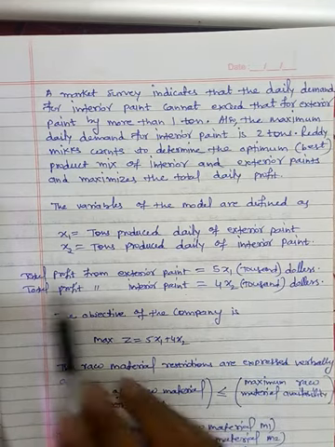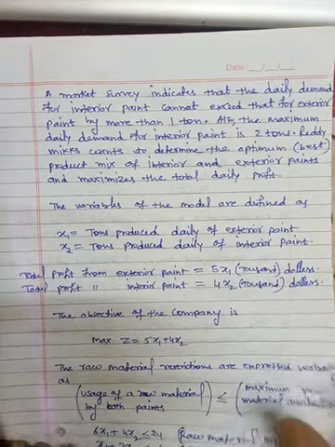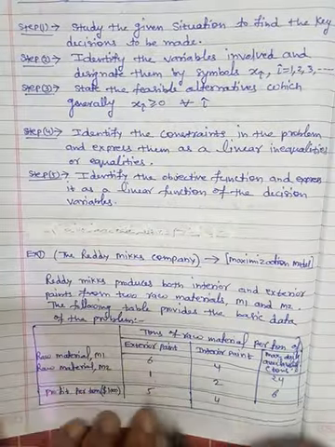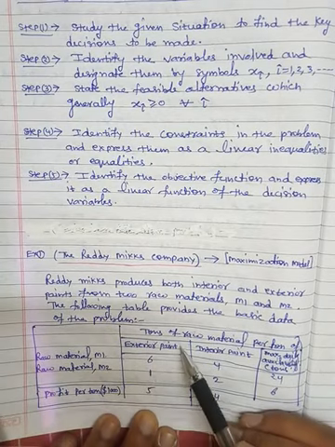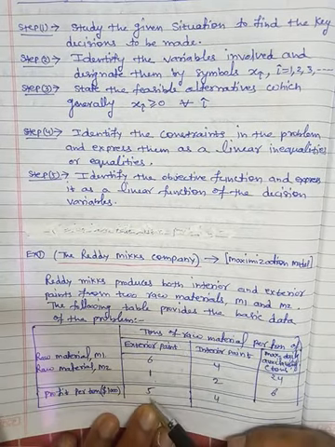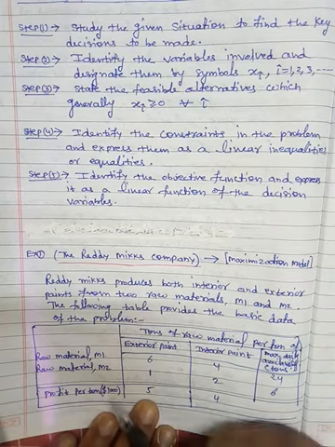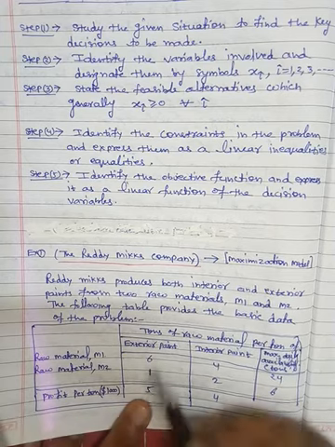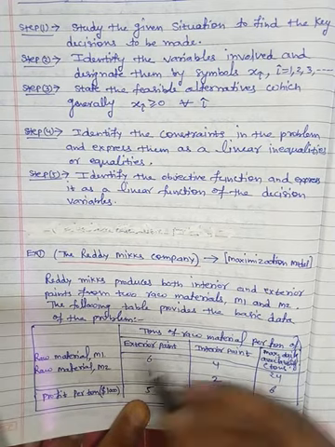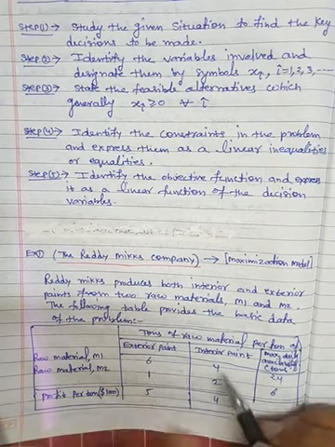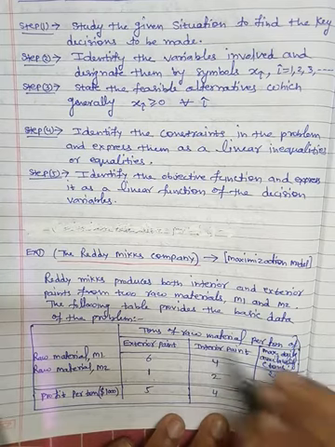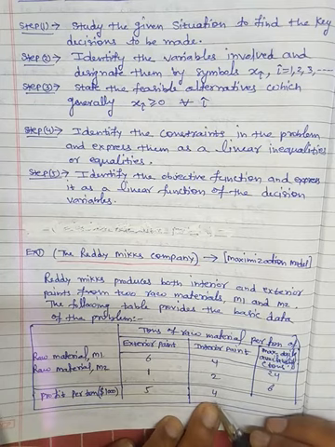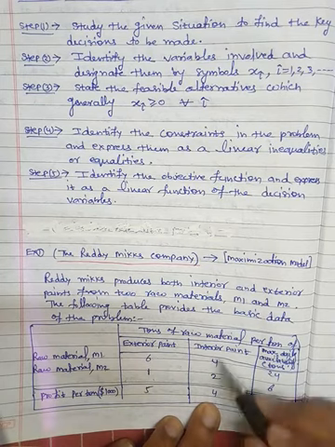So what will be the total profit? Total profit can be evaluated with the help of this data table. If x1 amount of exterior paint is produced daily, then obviously profit will be 5 into x1 into 1000. So we are not using 1000, we just generally use this 5 into x1 amount. This will be the total profit on exterior paint. Similarly, x2 is the quantity produced daily of interior paints, and 4 is the profit, so obviously the total profit will be 4 into x2.